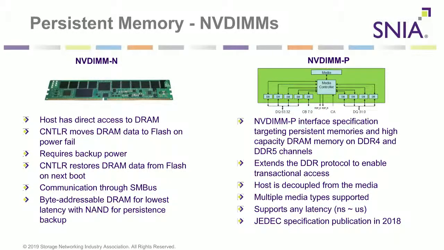When the power comes back up again, the data is moved back from the backend non-volatile memory, which is flash in this case, and gets copied back to the DRAM, and when the OS boots up and the application tries to access this, the data is already there. It kind of feels to the application that the data never went away.